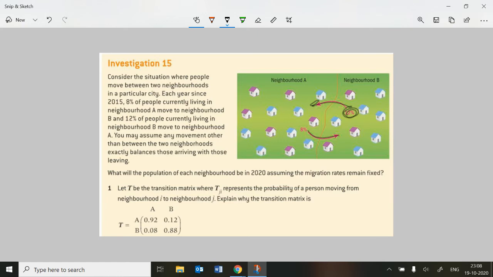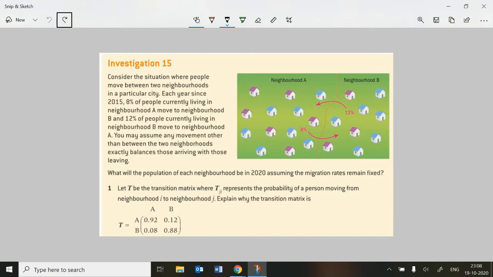And obviously 88% stay here and 92% stay here. So there's your 92% staying in A, 8% move across to B. This is the initial A, this is where they end up. And from B, 88% stay where they are, so B to B, and from B to A is 12%. Okay, so that's just making a bit of sense of the matrix which they're coming up with here.